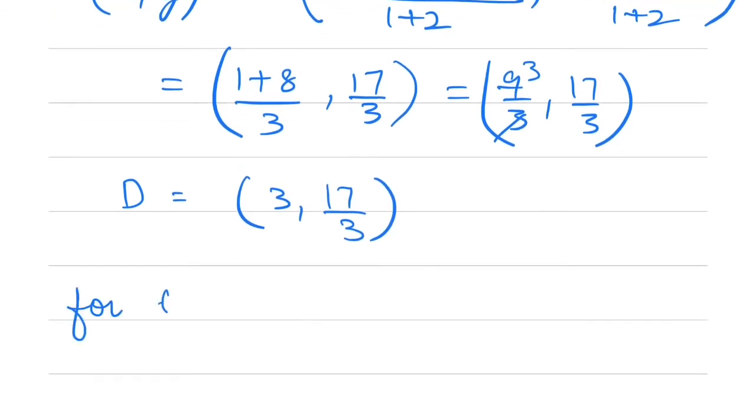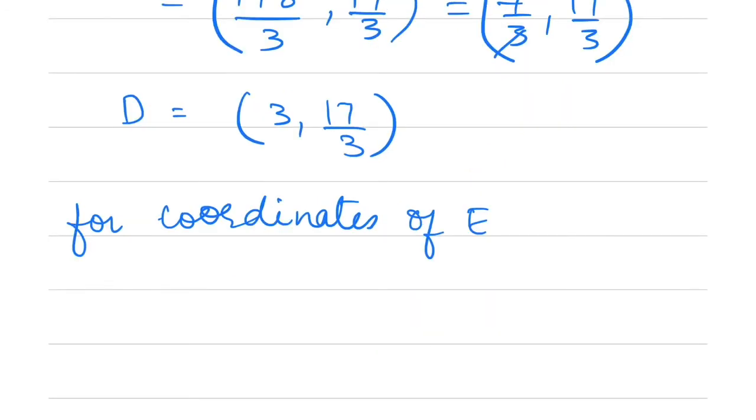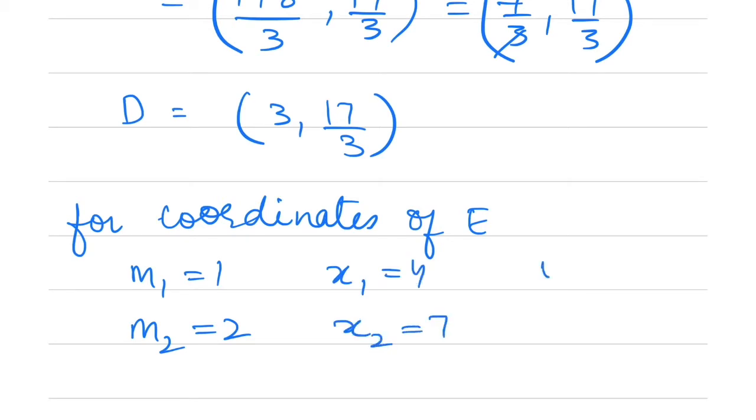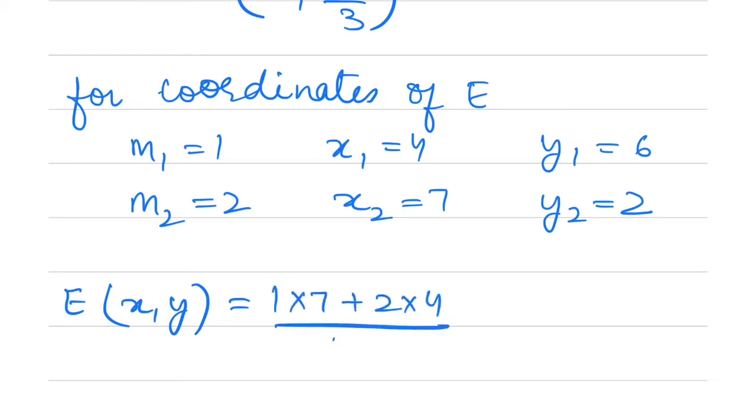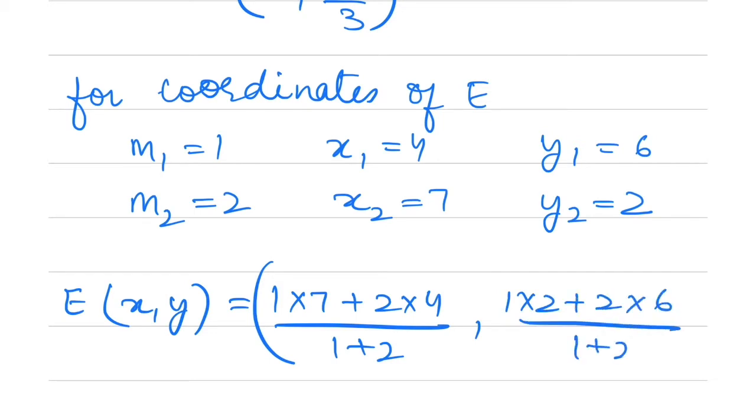Similarly, for coordinates of E. M1 is equal to 1, M2 is equal to 2, and x1 is equal to 4, x2 is equal to 7, y1 is equal to 6, and y2 is equal to 2. Now let's substitute for the coordinates of E. x, y is equal to, we have (1 into 7 plus 2 into 4) divided by (1 plus 2), and we have for y coordinate (1 into 2 plus 2 into 6) divided by (1 plus 2).